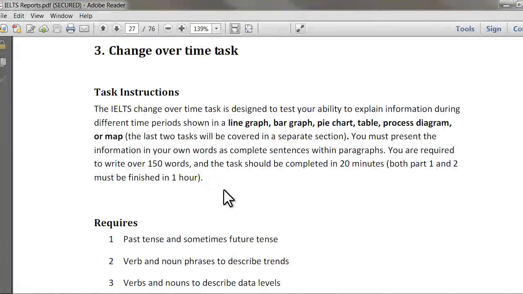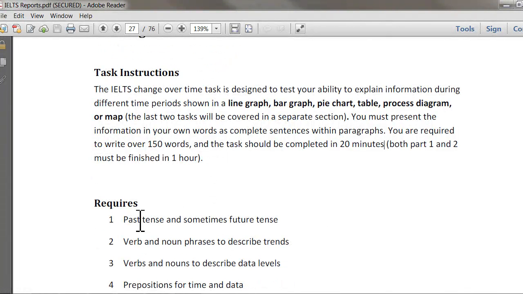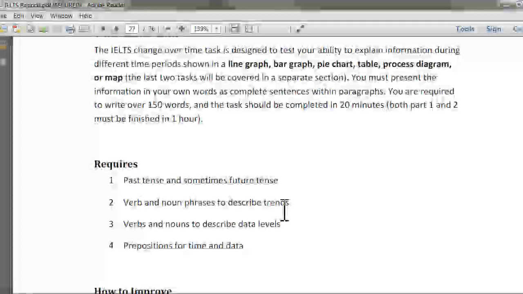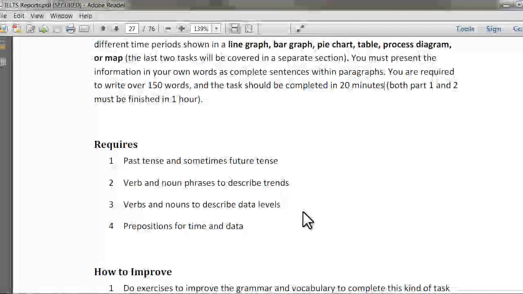Okay, what are some things that we need for change over time tasks? Well, we often need past tense because things have occurred in the past, sometimes future tense if things are happening in the future. We need verb and noun phrases to describe trends. This is in order to show a variety of language and also different sentence types.